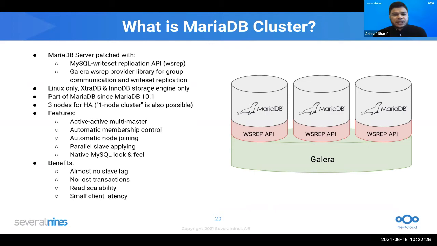Another feature is that it keeps the same look and feel as MySQL and MariaDB, which is very handy for application developers and reduces the learning curve tremendously. Some of the benefits include that all transactions are guaranteed, there is almost no slave lag, and we can easily achieve read scalability for our read intensive Nextcloud application.